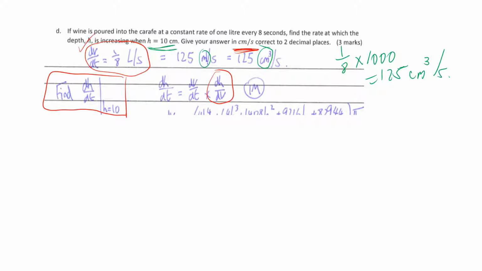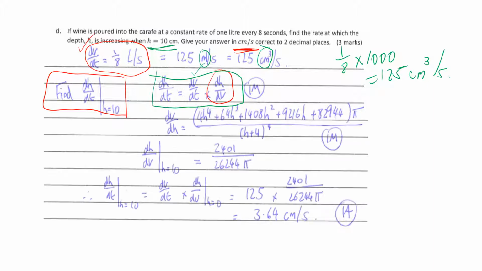All right, so once we're aware of those adjustments that we need to make, we pull out the old chain rule. dH/dt is what we need to find. dV/dt is given, so we need an expression for dH/dV. So we go back to our volume expression given to us above, should be in our CAS calculators already, and we differentiate it with respect to h, and we arrive at this ungodly expression. But that's all right, we can make our lives much easier by just putting h equals 10 immediately into it. So we get a much neater, more compact expression that we can work with by replacing h with 10.